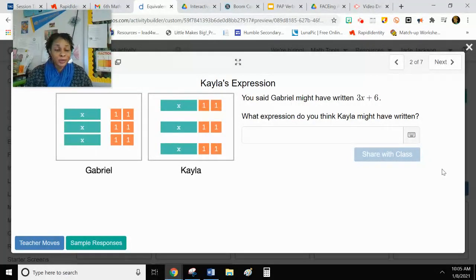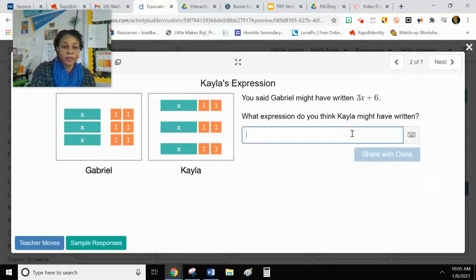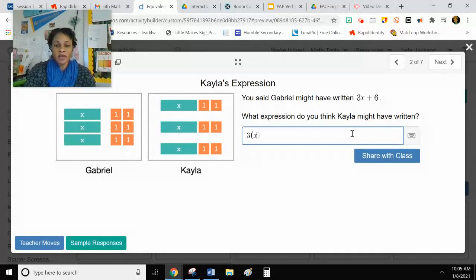She has 3 groups, and in each group she has X plus 2. So you have to think about that distributive property. She has 3 groups of X plus 2. So what should you have typed? Hopefully you typed 3 times the quantity of X plus 2, or 3 times the sum of X and 2, okay?